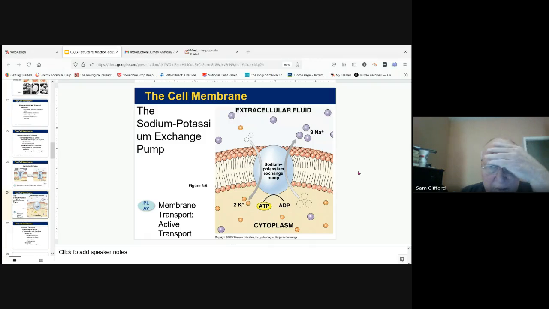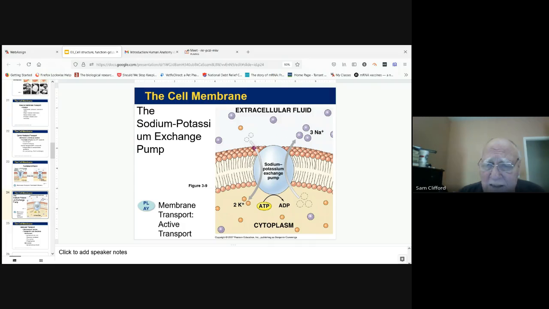The sodium potassium pump, as I said, moves potassium in and moves sodium out, and it takes energy. Anytime you see ATP being converted to ADP, you know that energy is being released. So that's active transport. This protein has to have energy because it's pumping sodium to a higher concentration of sodium.